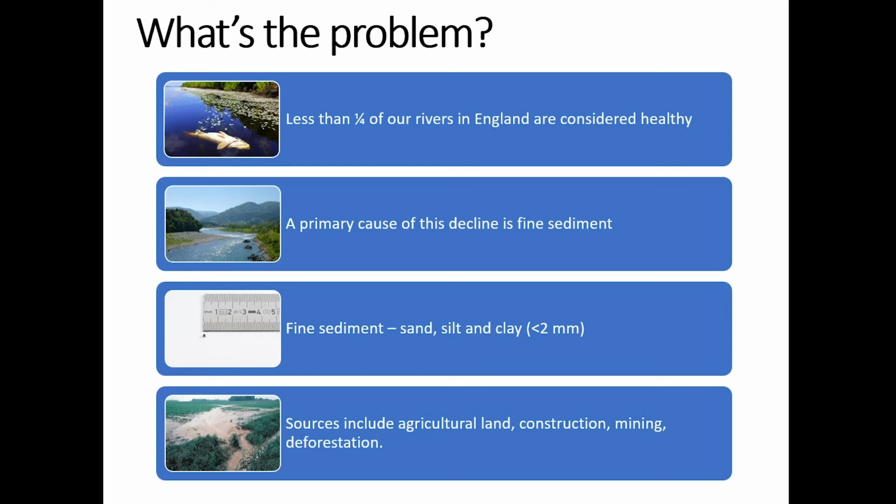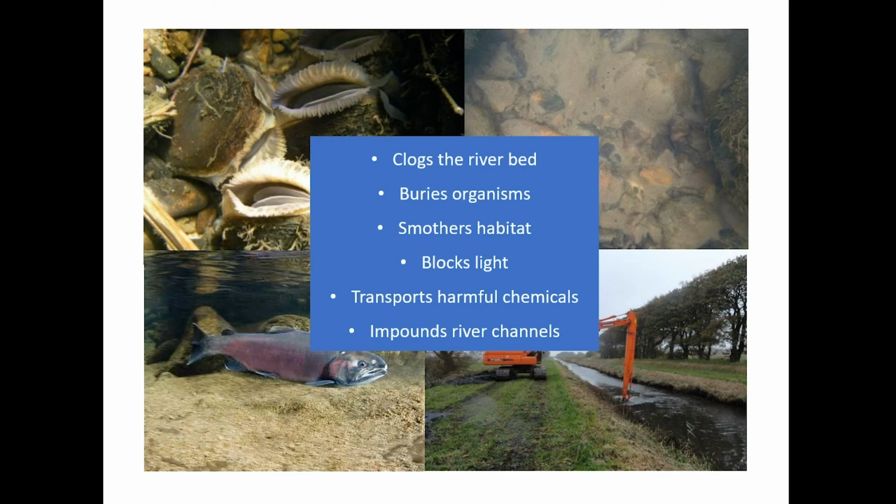But there are also in-channel sources as well, which is a result of how we've over-engineered our river environments over the years. But within this country, trace studies show agriculture accounts for up to 70% of the fine sediment which ends up in our rivers.